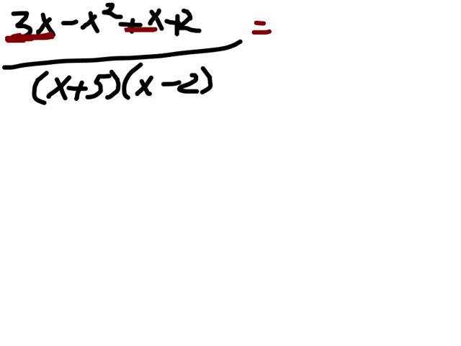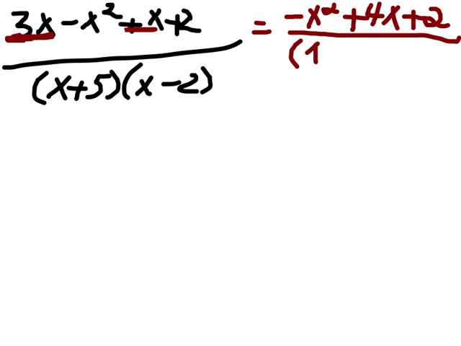And I got a minus. I'm going to put the -x squared out front, just because usually we put the biggest exponent first, and then you got a 4x, so it's a plus 4x, and then plus 2. All over that x plus 5, x minus 2.